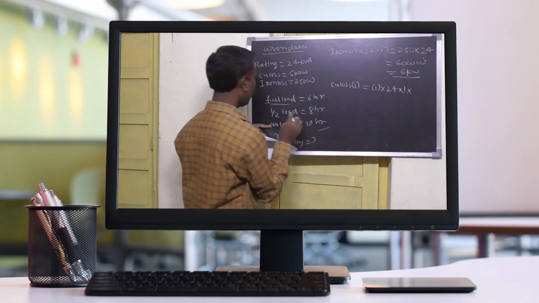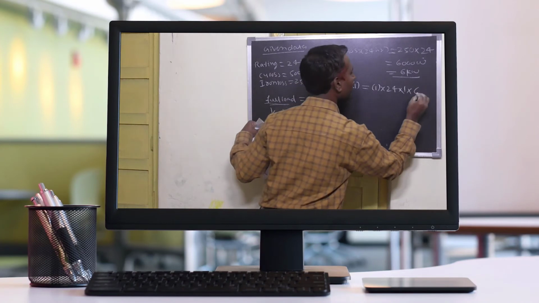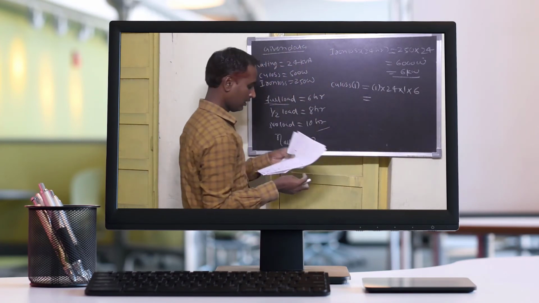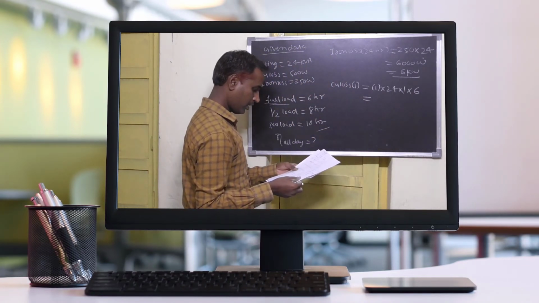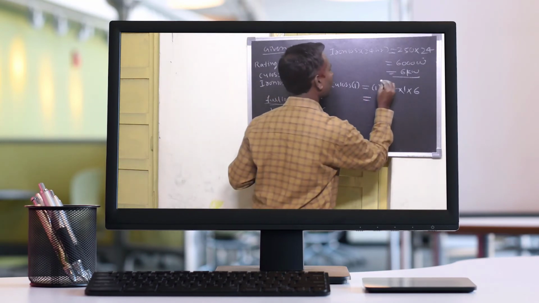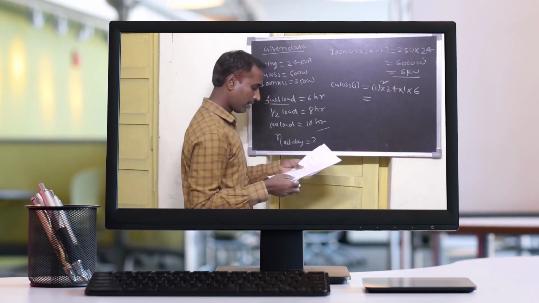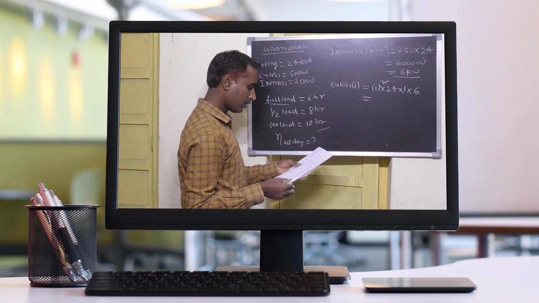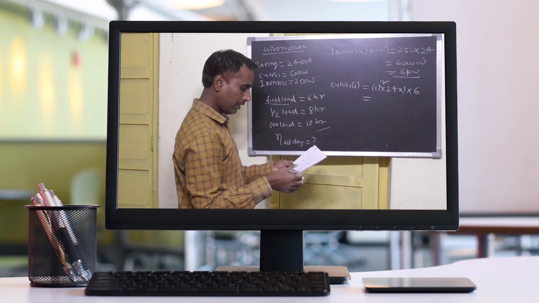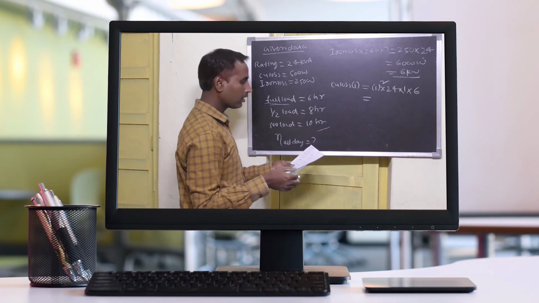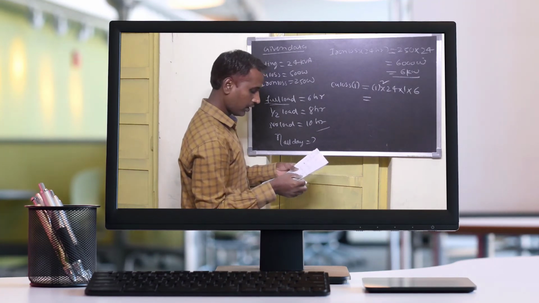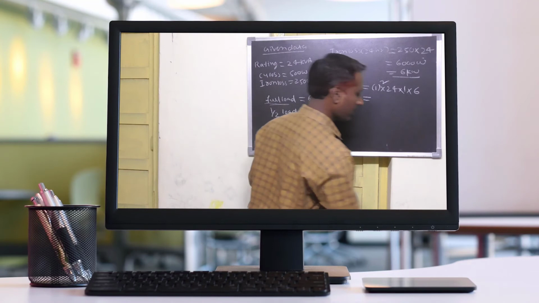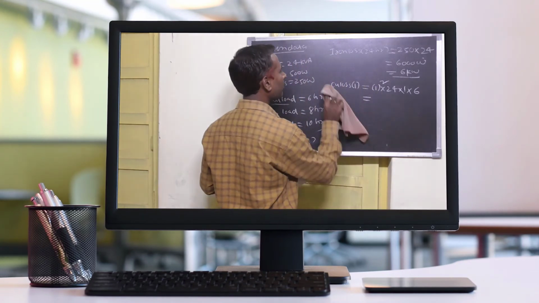Hours is 6. Sorry, this is x square, so 1 square. How much copper loss at 6 hour? Sorry, 6 into 500. The mistake happened.